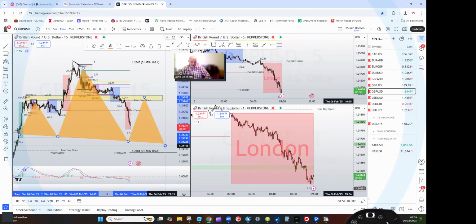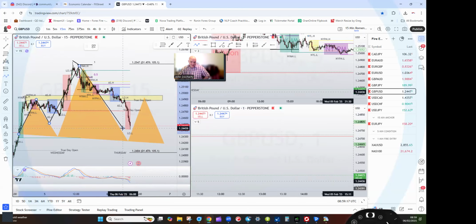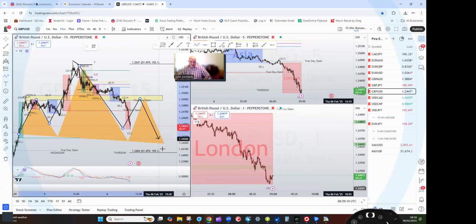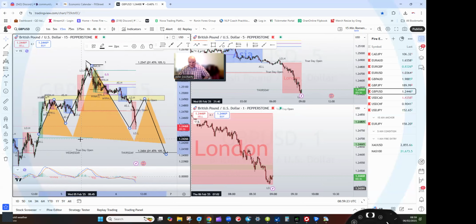So what I'm getting at is we'll come up, come down, head, down, right shoulder, and then a drop down to this range here, take us into these ranges from the other day.